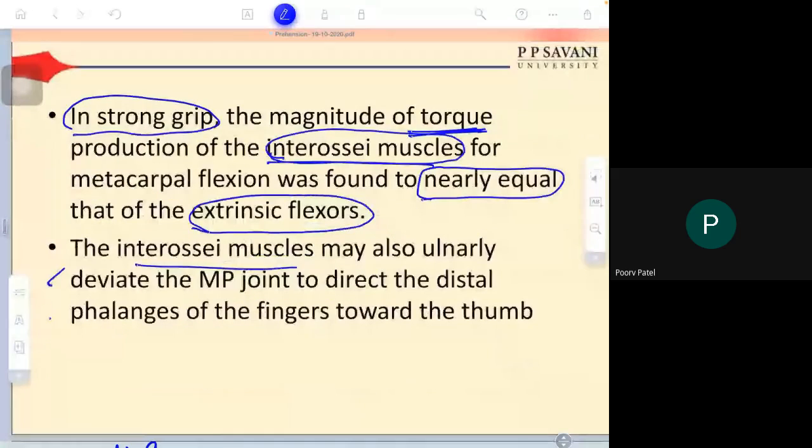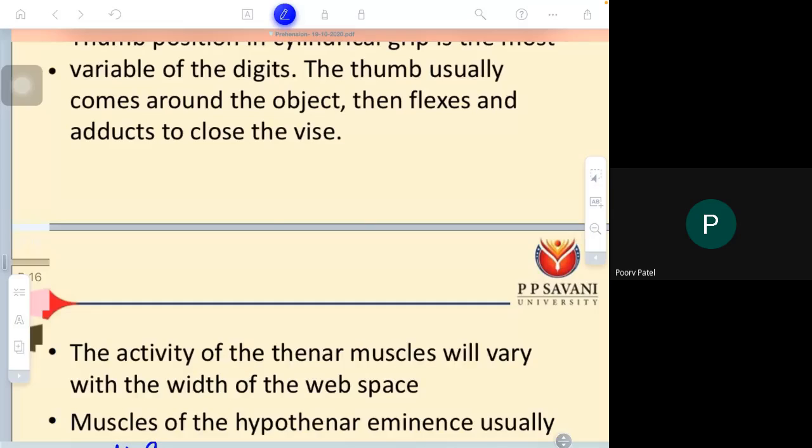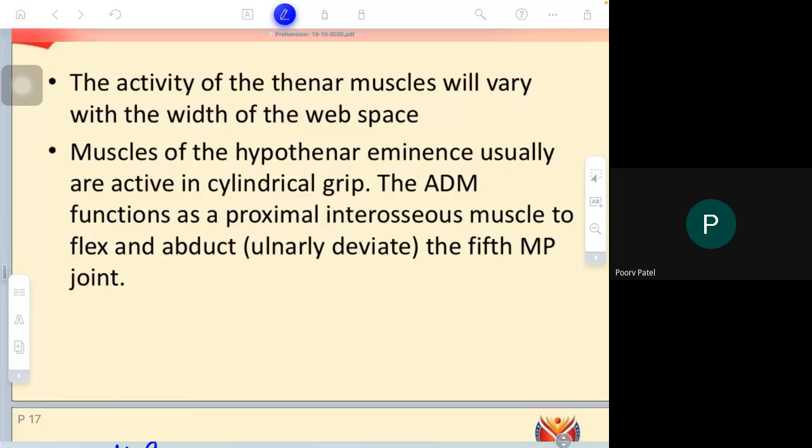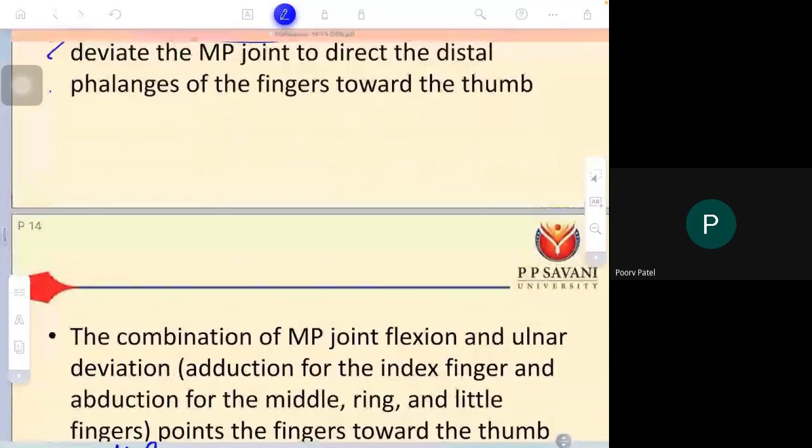Here, if strong grip is required, the torque produced by both the extrinsic and intrinsic is almost equal. So next class we will discuss more in detail about the cylindrical grip. I have not completed the cylindrical grip, I have only given the introduction. Next class we will discuss cylindrical grip in detail.